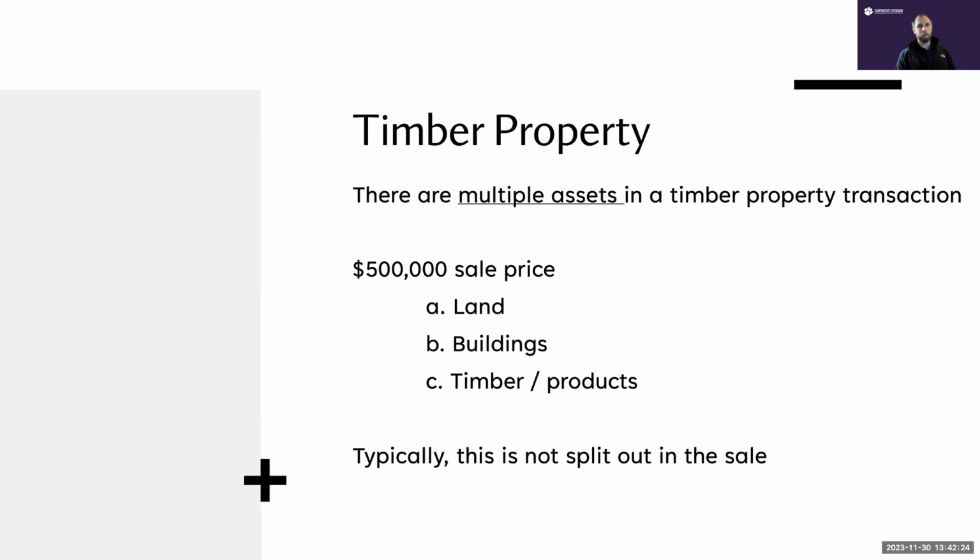A lot of times you might see scenarios where the values for each are broken out, but a lot of times the contract just says $500,000 as far as the sale. It doesn't say $150,000 for land, $250,000 for buildings, $100,000 for timber. We just see $500,000.